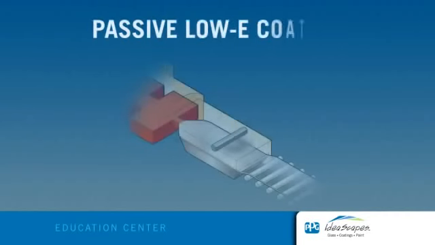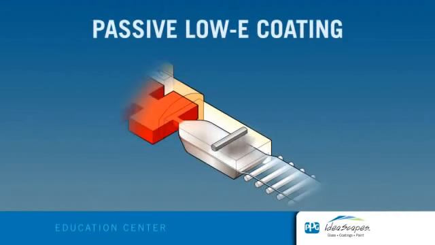There are actually two different types of low-E coatings: passive low-E and solar control low-E. Most passive low-E coatings are manufactured using the pyrolytic process. The coating is applied to the glass ribbon while it is being produced on the float line. The coating then fuses to the hot glass surface, creating a strong bond or a hard coat that is very durable during fabrication.